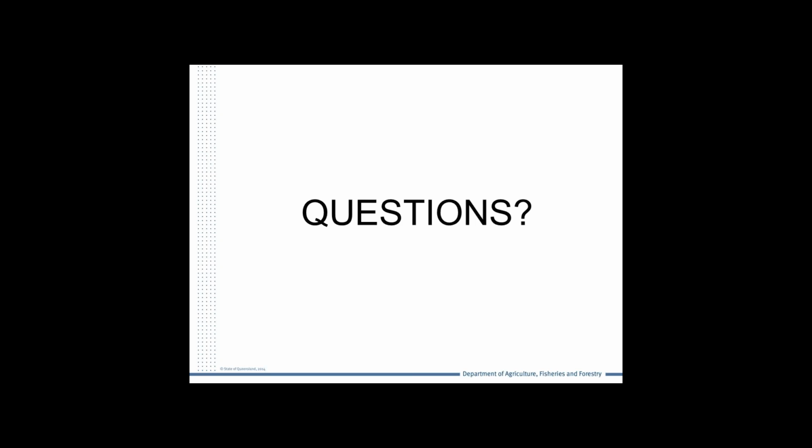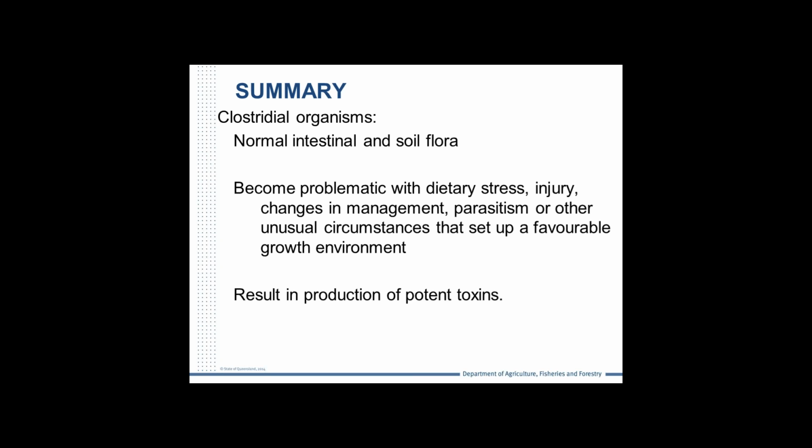Mainly the most important thing is that the clostridial organisms are normal intestinal and soil flora. They mainly become problematic when you have dietary stresses, injury, changes in management, parasites such as the liver fluke, or other unusual circumstances, because they need that favourable growth environment.